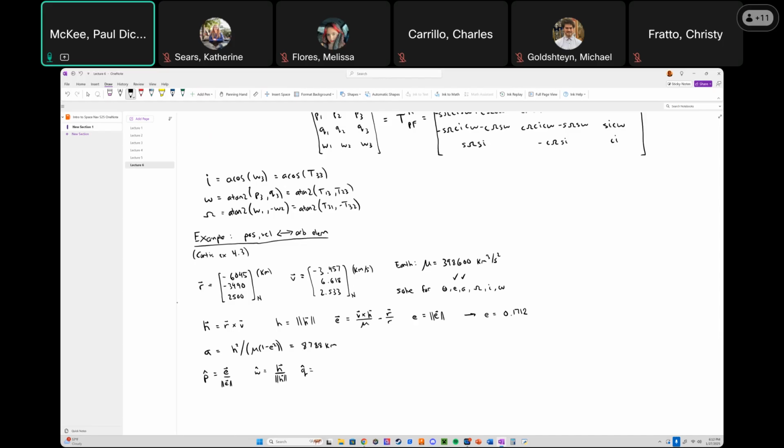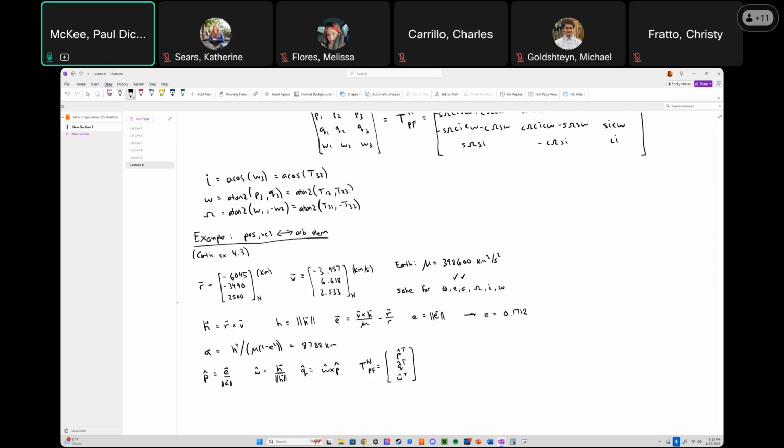Q completes a right-handed system with W and P. And T Newtonian to parafocal is just P transpose, Q transpose, W transpose. All right. Hard to do by hand, very simple to code up.